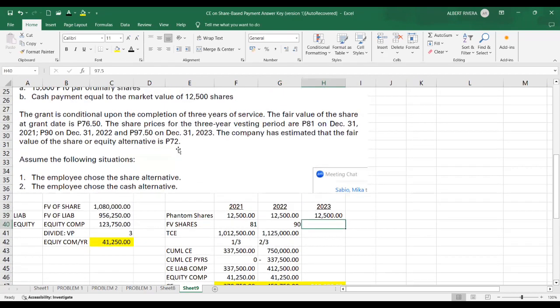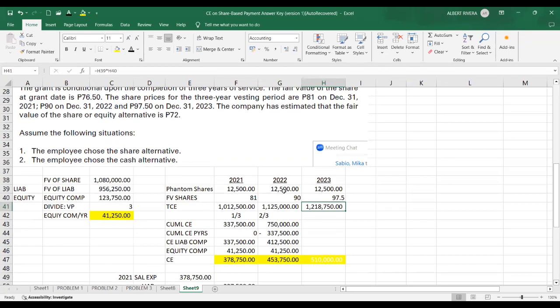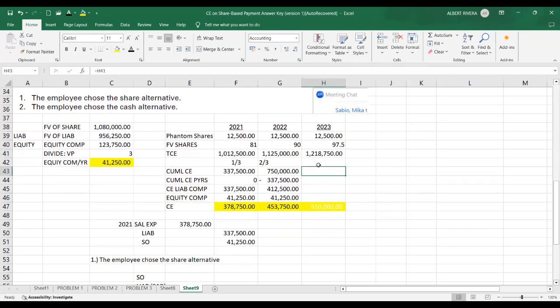shares in 2023. That is how much? 90. Oh, 90 ba? No. That is 97.50. So this is now the total compensation expense times the cumulative number of periods rendered divided by the vesting period, and this is 3/3, and this is now 1.21875 million pesos.